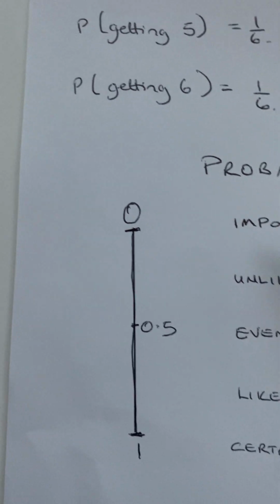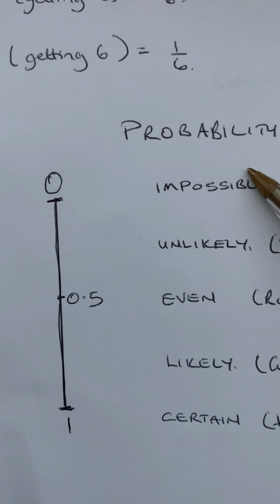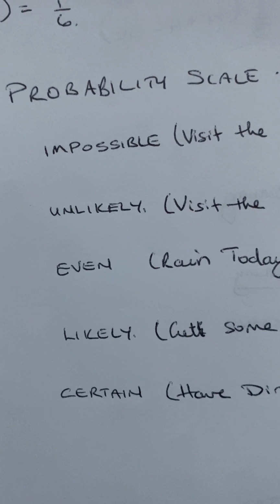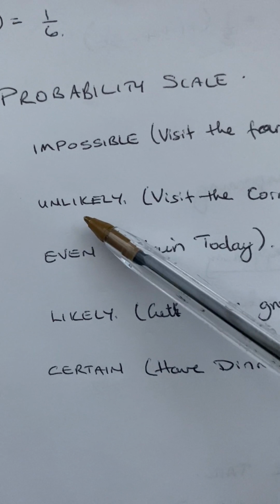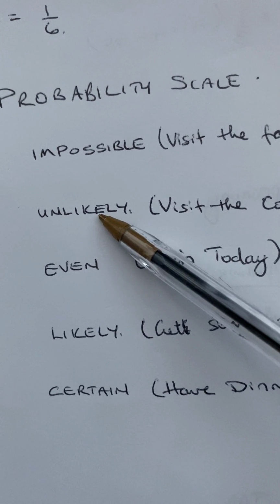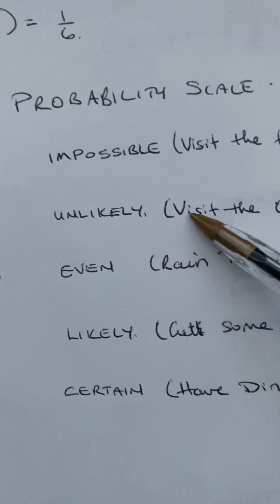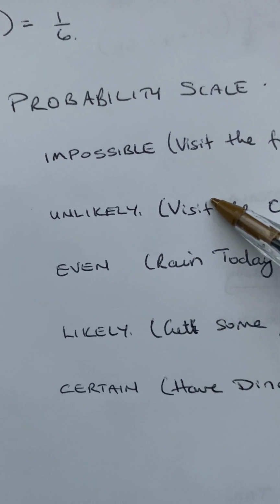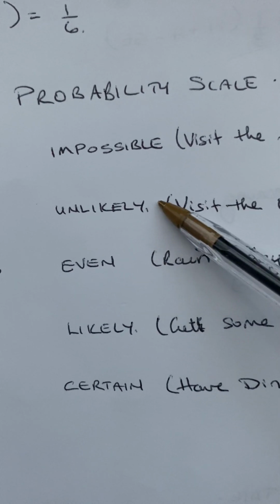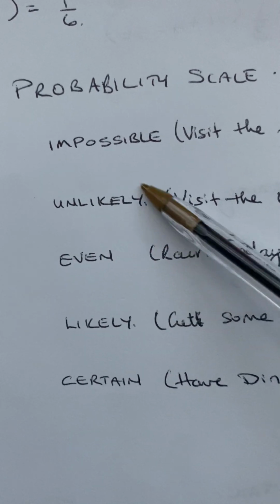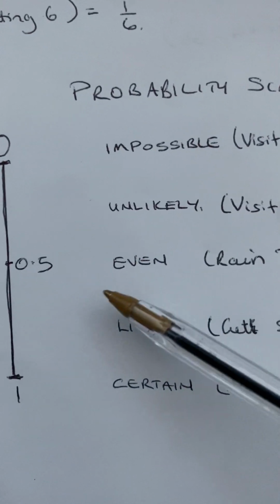It's unlikely. I'm not sure. So it's nearly equal to 0. But I can't rule it out, because if I need something from the corner shop, then I'll have to go. But I don't need anything. That's why I said it's unlikely. Okay.